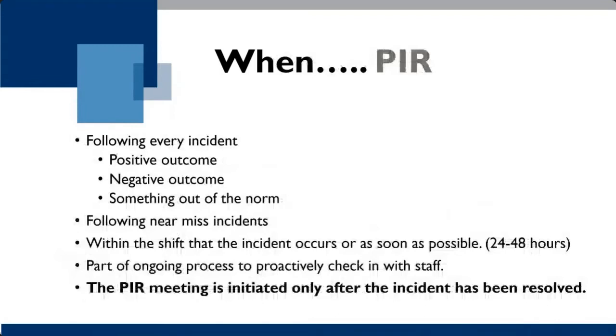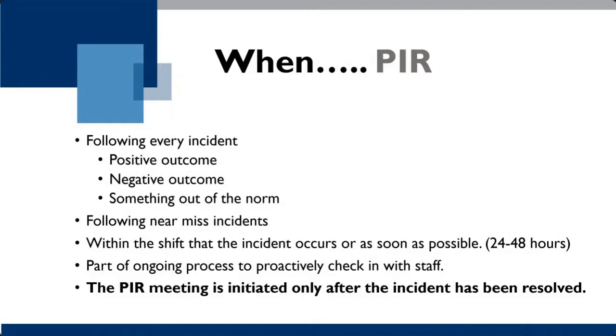Well, we want to do that following every incident, even, you notice here, positive, negative, or something out of the norm. So a post-incident review is not just something that's negative. It's not just something that's done after a negative event. So you could have a positive outcome, okay?